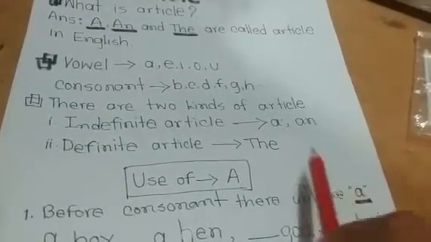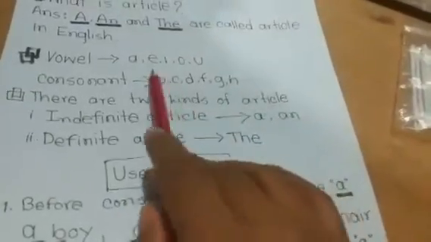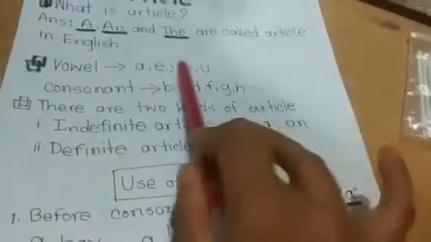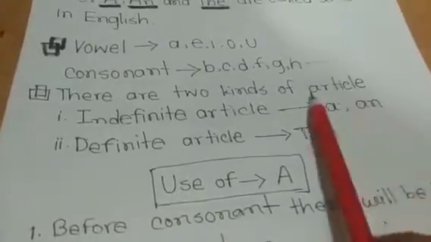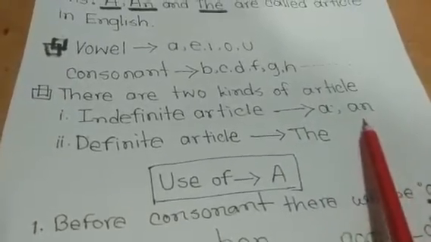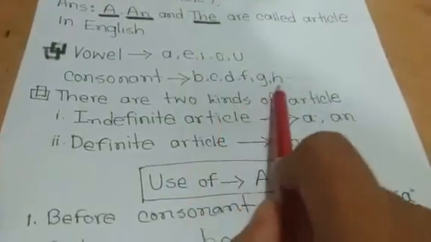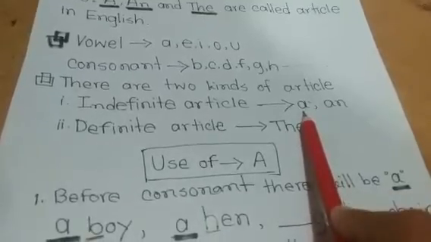If the first letter of the word is a vowel, that means if the first letter of the word is from these 5 letters, then there will be an. If the word begins with a consonant, then before the word there will be a.